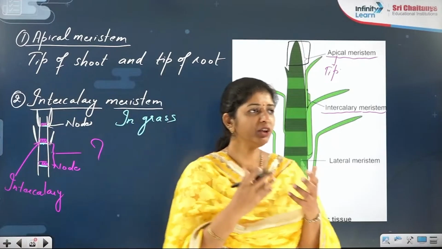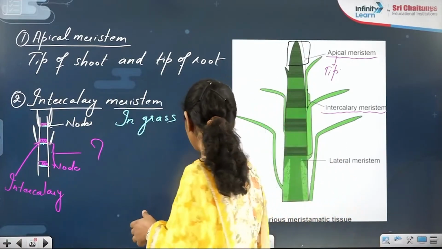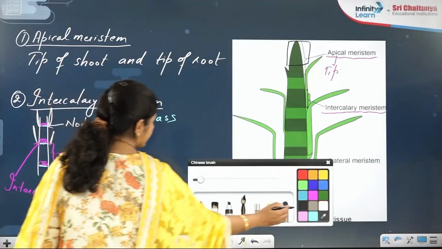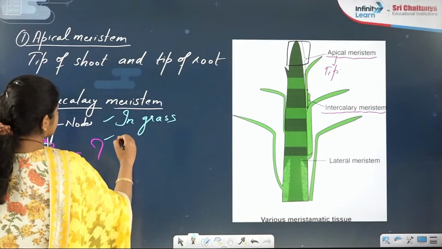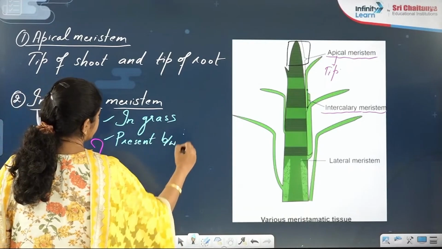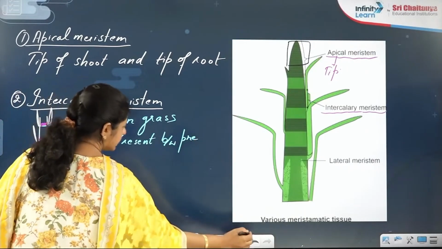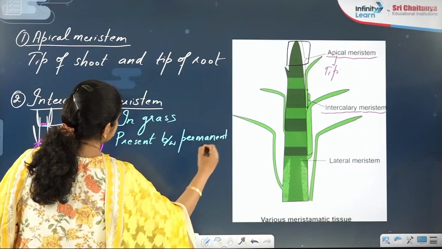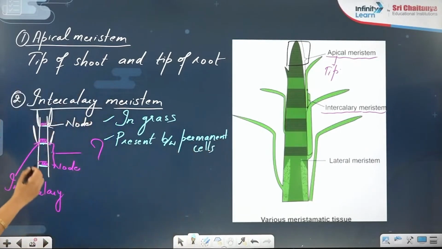But when you open your NCERT book, they mention that intercalary meristem is present between permanent cells. Now, how come these are permanent cells? Please focus here. These internodes are permanent, specialized cells. They are not dividing.